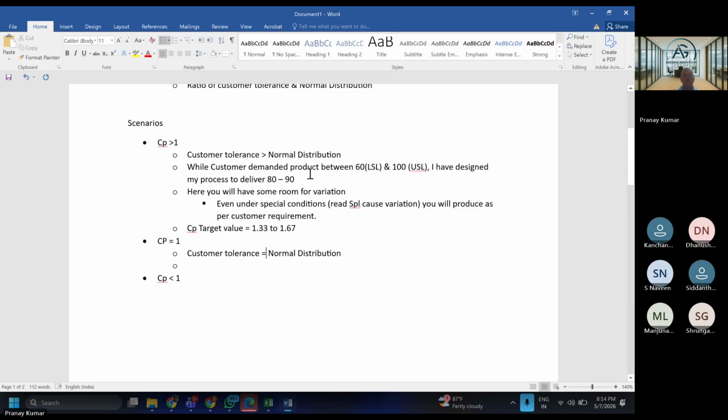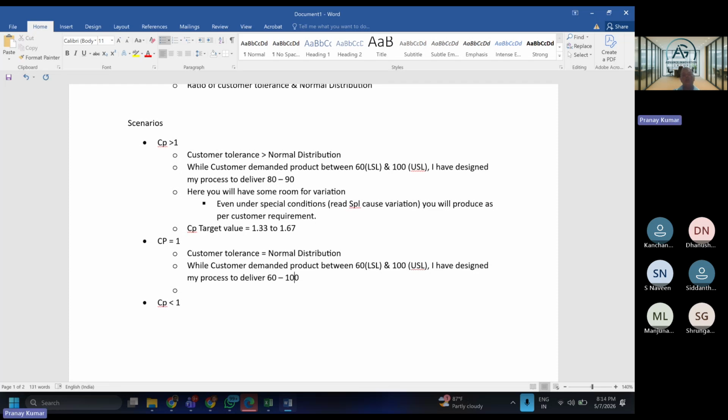Which means while the customer wanted my product to be between 60 and 100, your design is also right there. इसमें क्या होगा? Slightest of variation will go outside the customer tolerance.